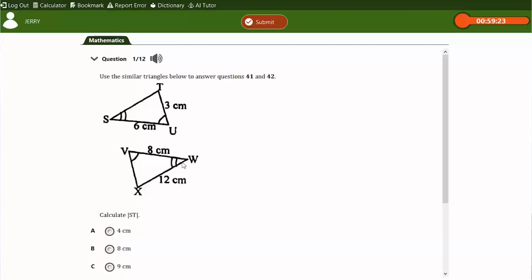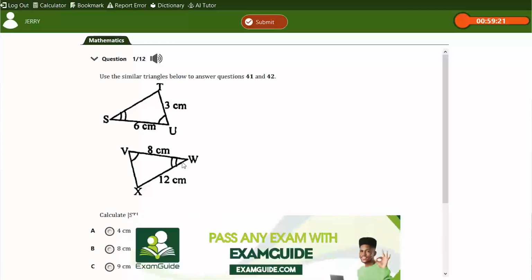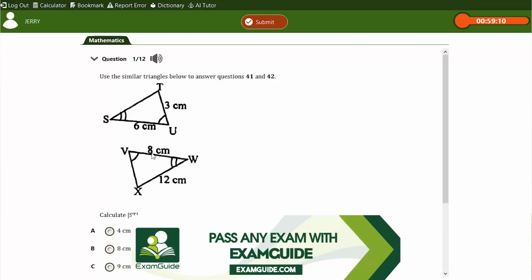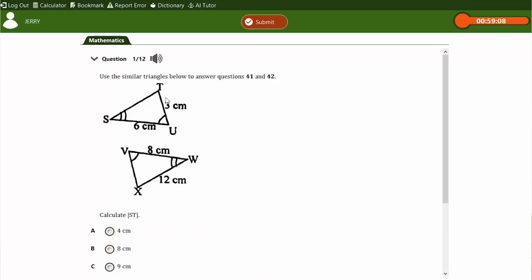Remember, one of the things we look out for to say that 2 shapes are similar is that they must have corresponding angles, and their sides must be proportional to each other. Do you understand the point? So if this place is the same angle as this, it means this is a similar triangle. Is that okay now?